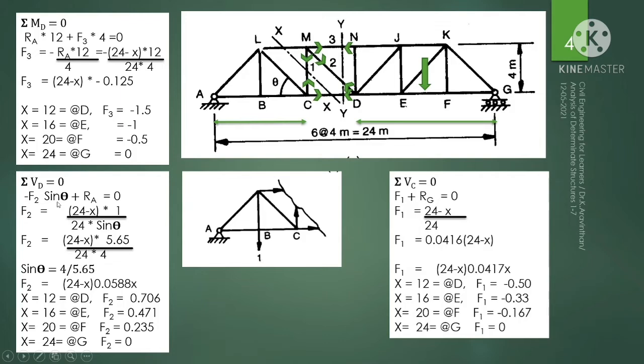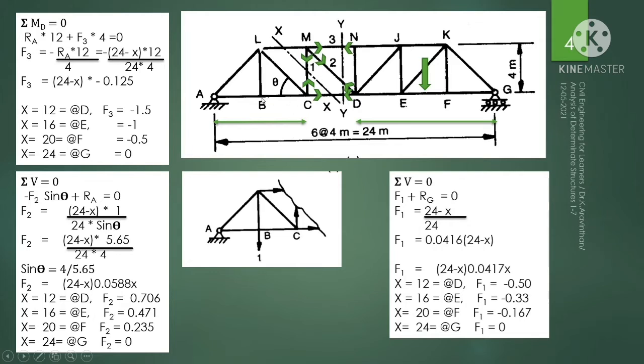Let us find the next member as F2. So for finding the F2, this is an inclined member. We can resolve this. Okay. So this is right hand side. Let us look into the left hand side. You have the next half of the member, that is F2 is downward, and you already know the theta as 4 by 5.65.